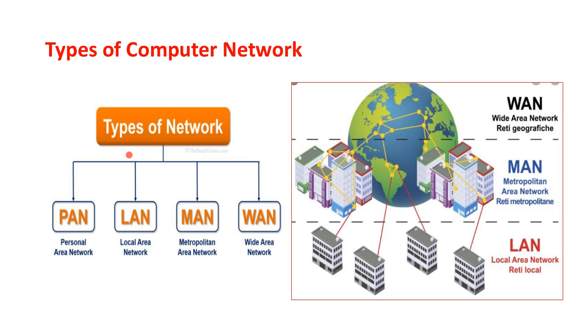But how are they interconnected? Remember, we are doing this to enable a computer to communicate with another computer for purposes of sharing resources, data, or applications. So we have several types of those networks. We have the PAN here, the personal area network. We're going to look at each network one by one.